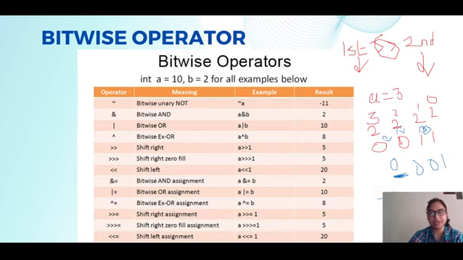If you check the output, it would be 1. Why 1? Because 2 to the power 0 is 1. As I told you, use this trick to convert it. This is the easier calculation for converting binary to decimal. So the output will be 1. Let's see whether it is correct or not.